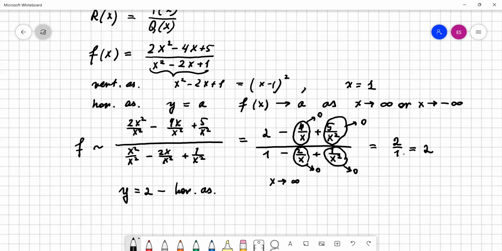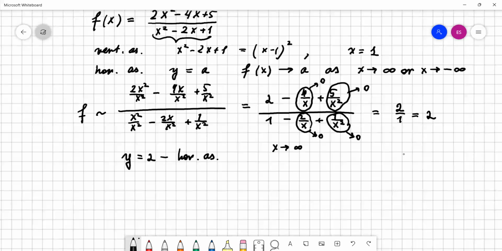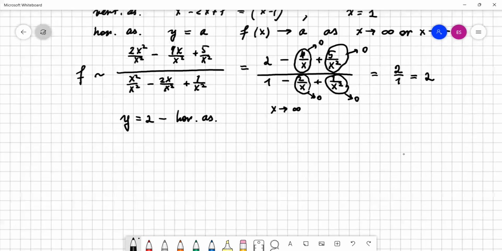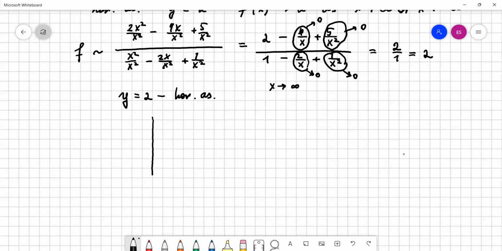Well, you'll probably ask me how to graph now, and maybe do we do this every time? Yeah, let's do the graph. I'm going to graph my vertical asymptote, which is x equals 1, and the horizontal asymptote, which is y equals 2.